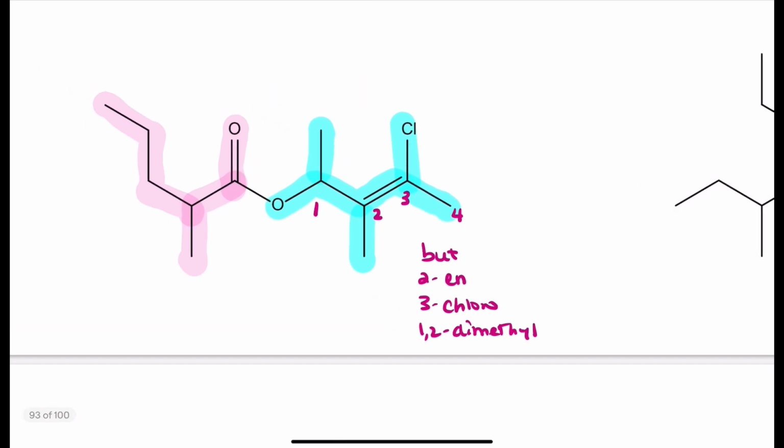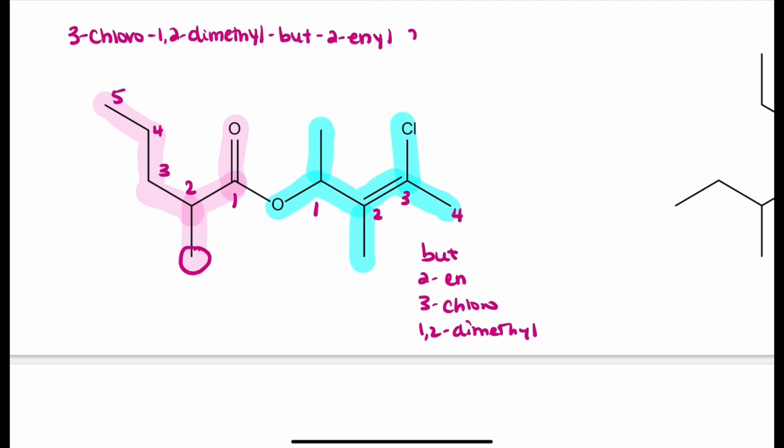So to start its name, I've got 3-chloro, 1,2-dimethyl, but-2-enol. That's the alcohol portion. And then the acid portion is 1, 2, 3, 4, 5 with a methyl group here. 2-methyl, pentanoate.